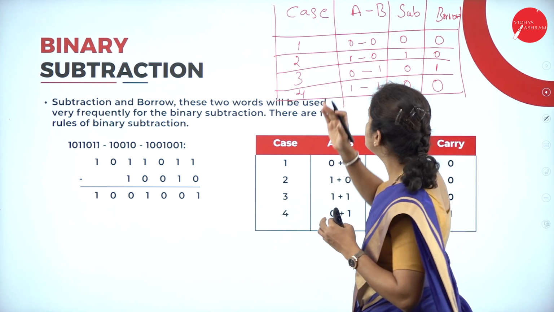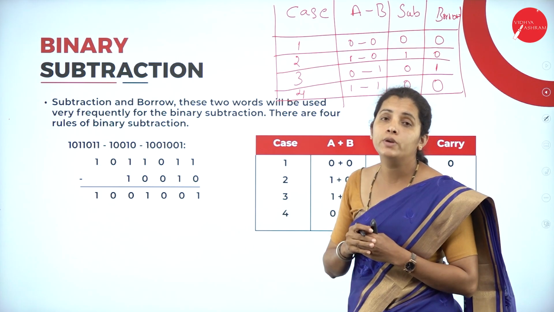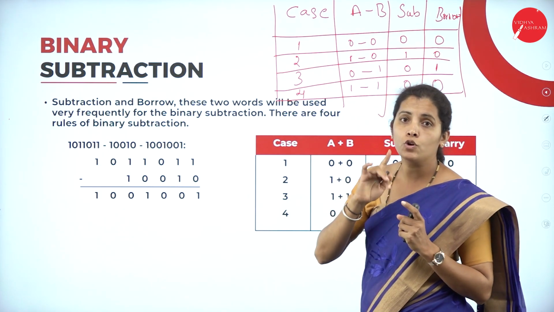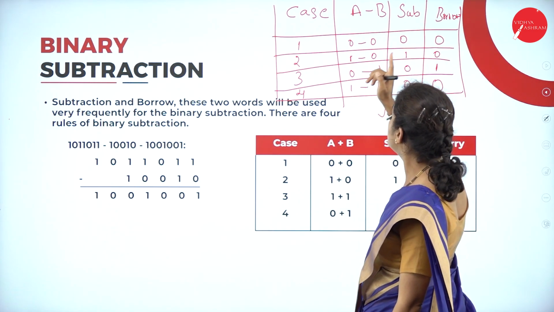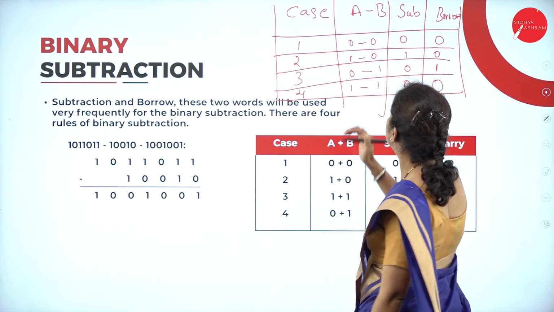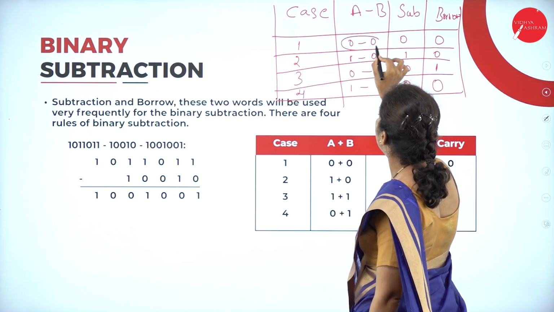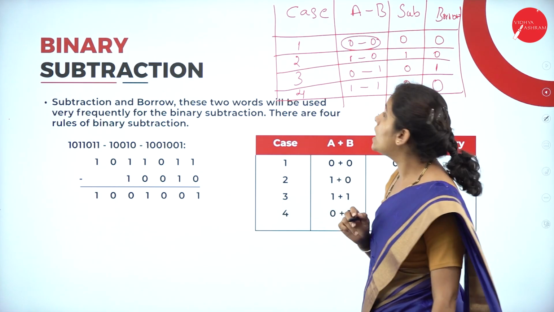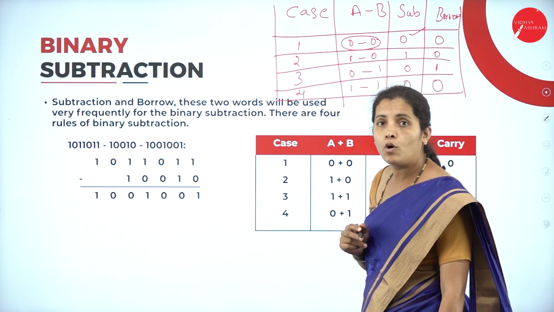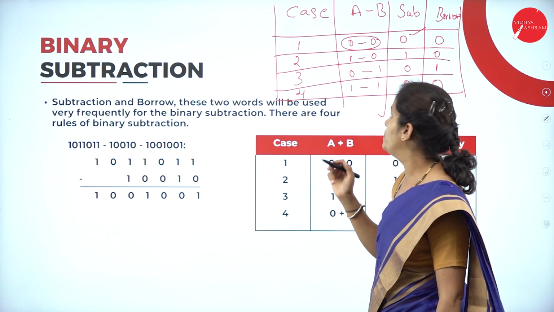Dear students, just remember, here we are going to get 4 different cases and the possibilities are 0 minus 0, 1 minus 0, 0 minus 1 and 1 minus 1. If both the bits are 0, then subtraction is 0 and borrow is also 0.